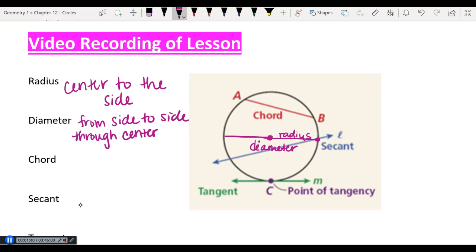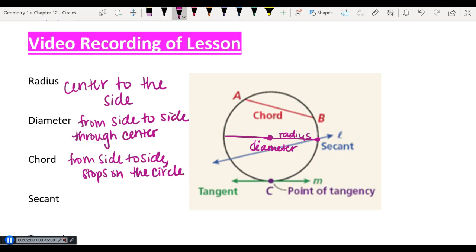These new vocab words, the first one is a chord. A chord is highlighted here in red. It goes from side to side and stops on the sides of your circle. So it goes from side to side and it stops on the circle.